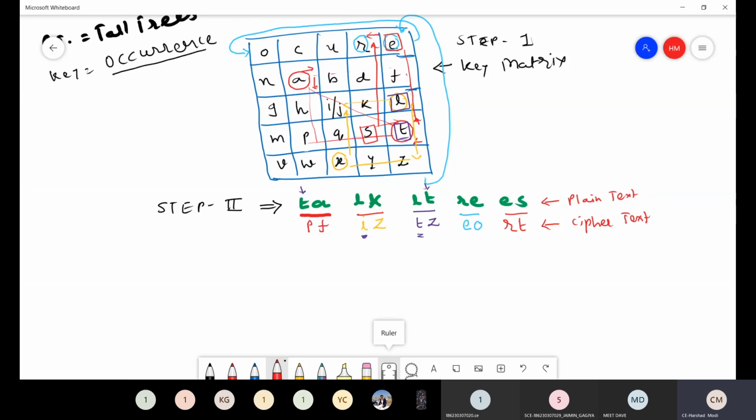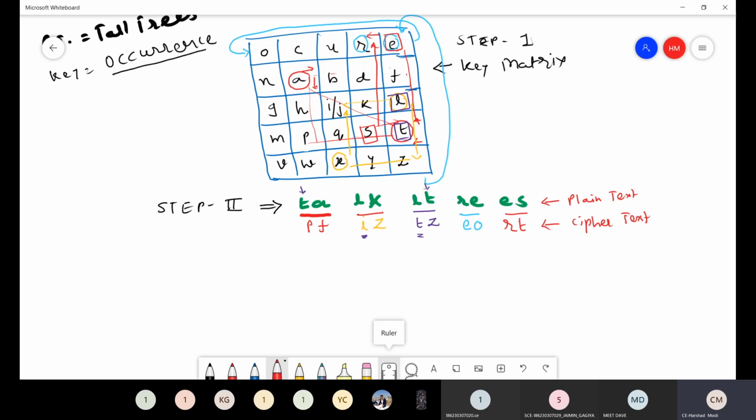So again, let me rewind what we have to do in the Playfair cipher. We will be given plain text as well as a key. Using the key we have to create the key matrix in step 1. To create the key matrix we have to fill the cells using the given key. We consider only a single occurrence of each letter in the key.